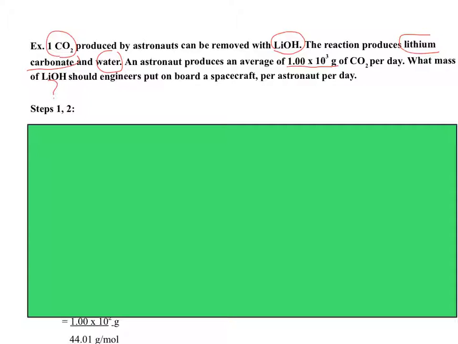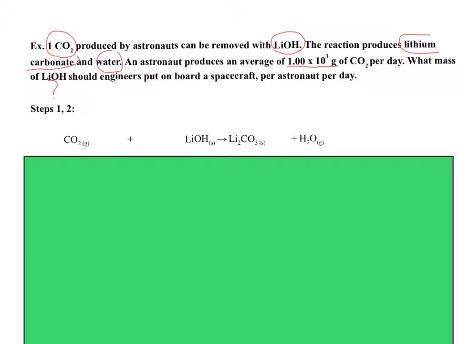We're looking for lithium hydroxide. So steps 1 and 2, we need to write a balanced chemical equation and put the information that we know underneath the substances. So here's the chemical equation, but it's not balanced.